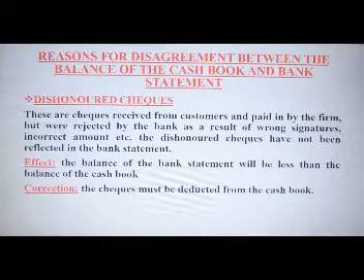And if the business does not credit that amount from their account, that means that at the end of the accounting period, the bank statement will be showing a balance that is lesser than the balance of the cash book, because the cash book already has a debit that wasn't reflected in the bank as a credit. So the balance of the bank statement will be lesser than that of the cash book. So what we do to correct that is that we less dishonored checks from the cash book balance.